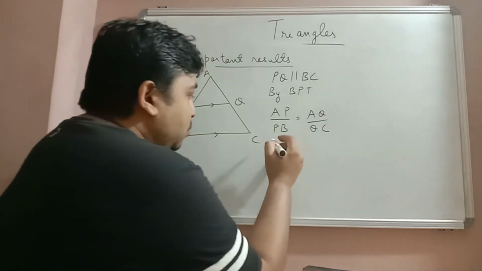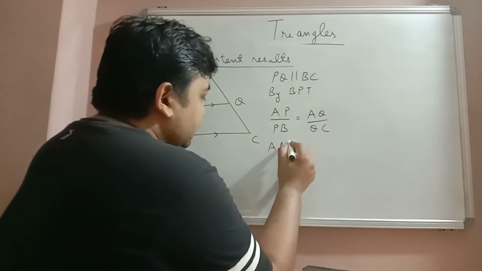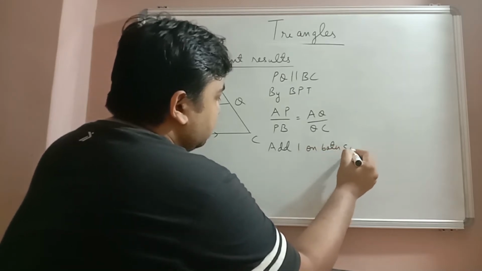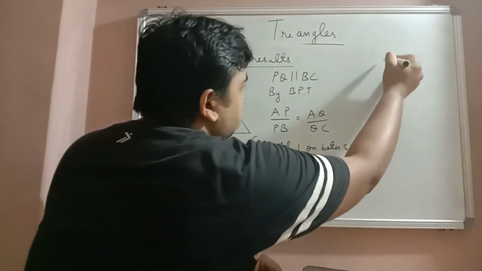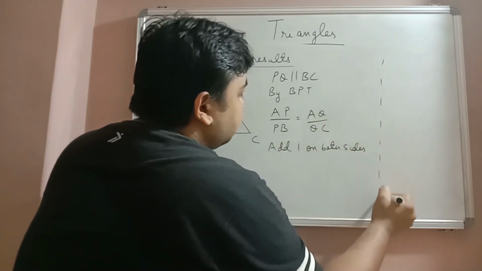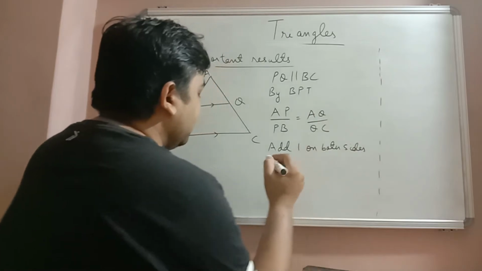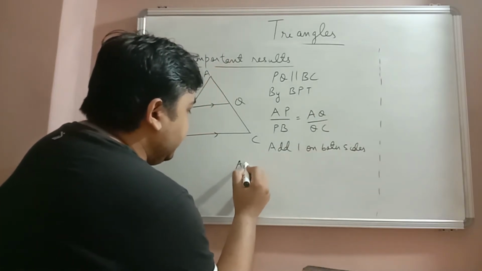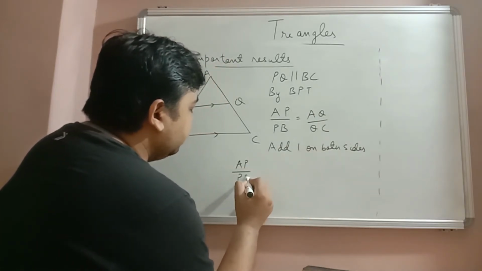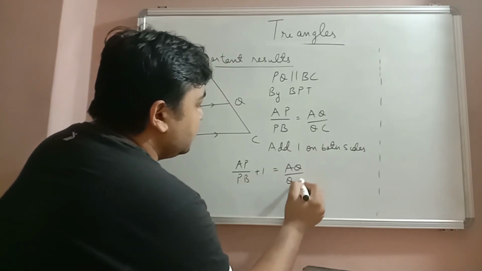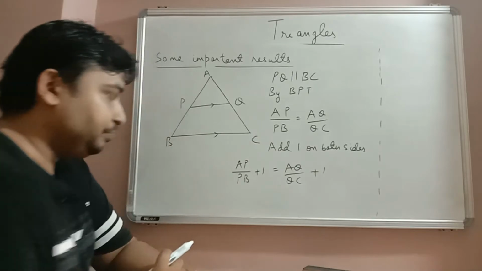Now let's add 1 to both sides. So we'll get AP upon PB plus 1 equals AQ upon QC plus 1.